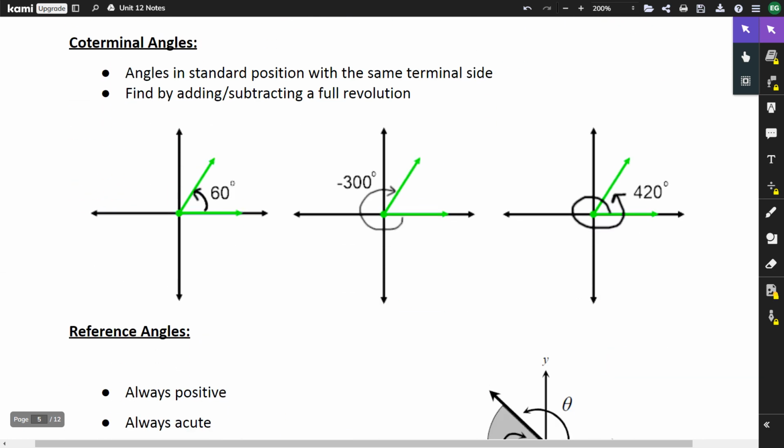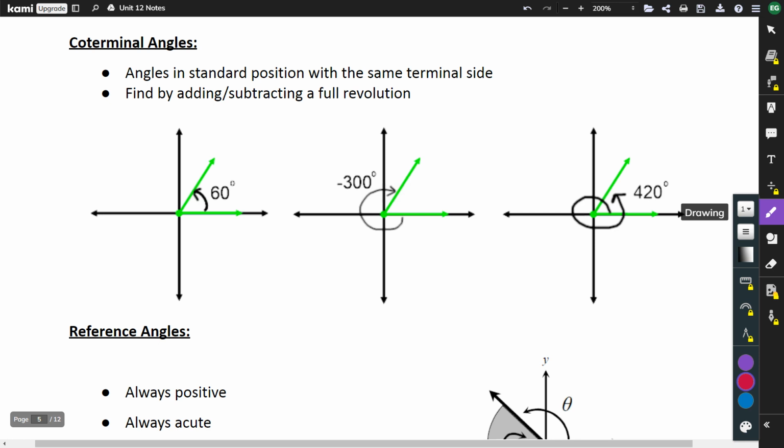We have what are called coterminal angles, okay, which are angles that are in the standard position, the standard form, with the same terminal side. Now, remember, the terminal side is where it lands. So what I wanted to show you here is that all 3 of these sketches on your page have the same exact terminal side.